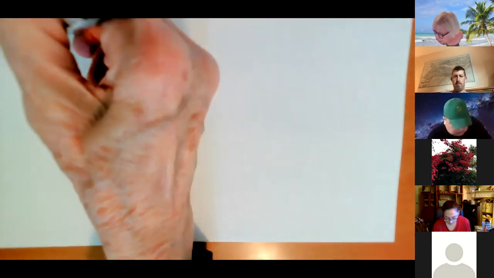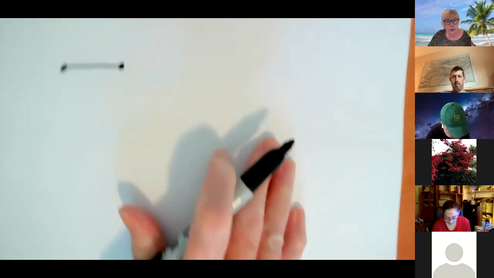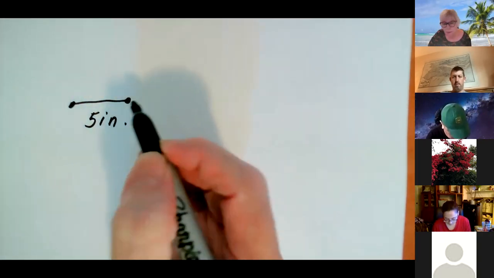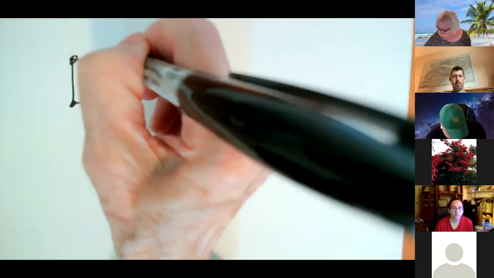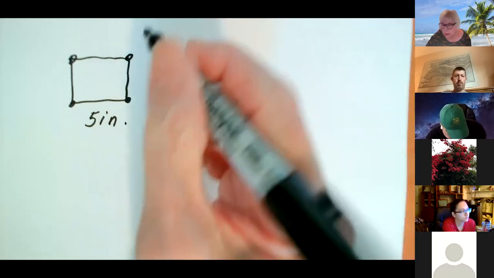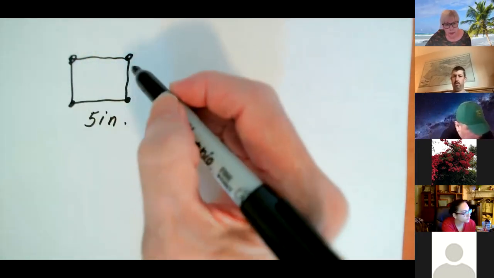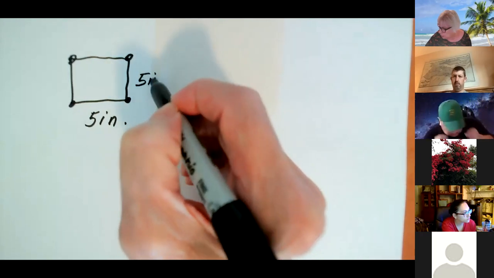Well, if you had a unit that's, let's say, 5 inches. In geometry, as we were looking at this, when it's 5 units, and this is a square, this would be 5 units.